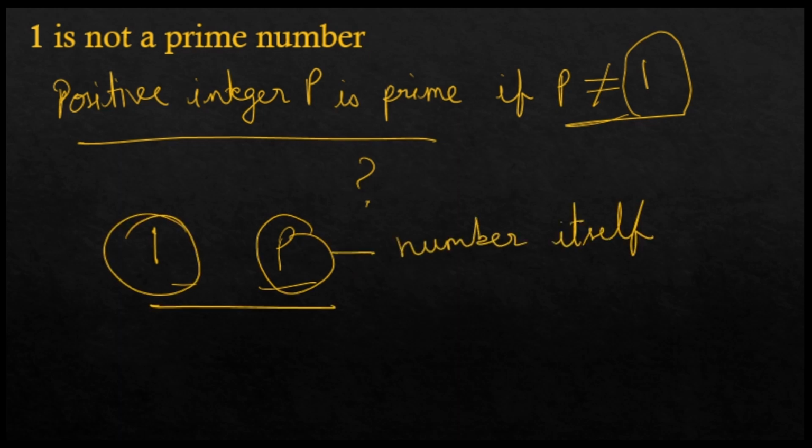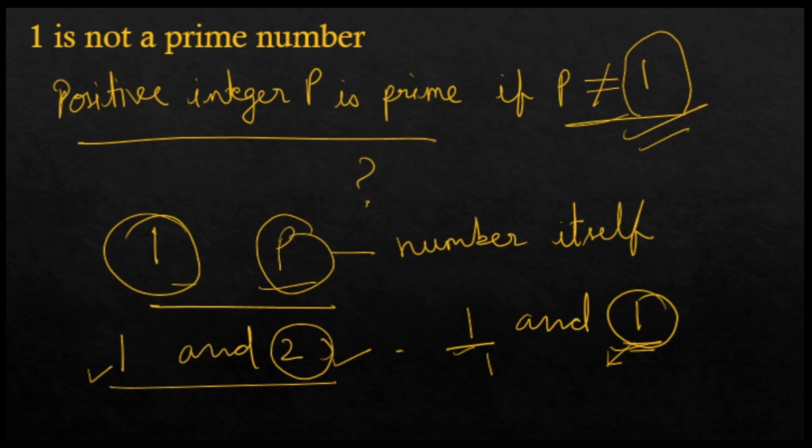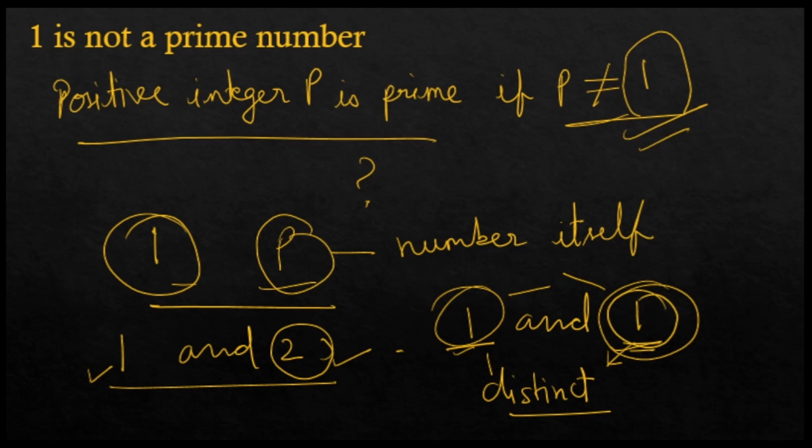That is the definition of a prime, and it must hold for every prime number. In the case of 2 as a prime number, we have two factors only, the number itself and 1. But when it comes to 1, the number itself and 1 are the same. Do you find any distinctness in them? They are the same and it is not following the rule.